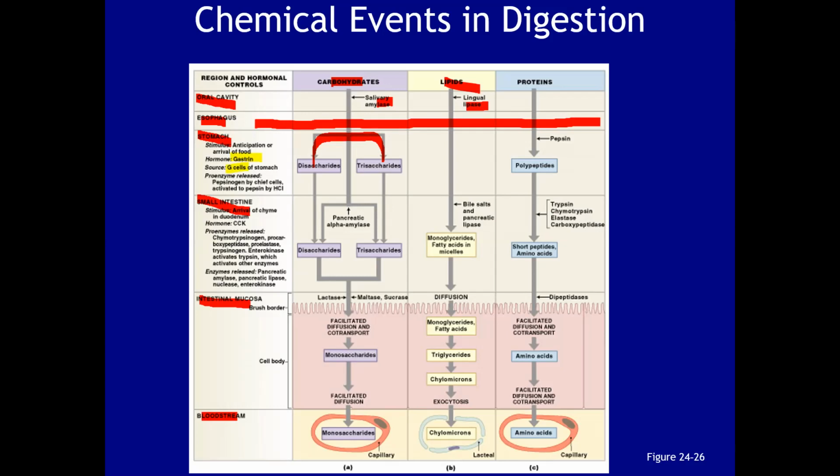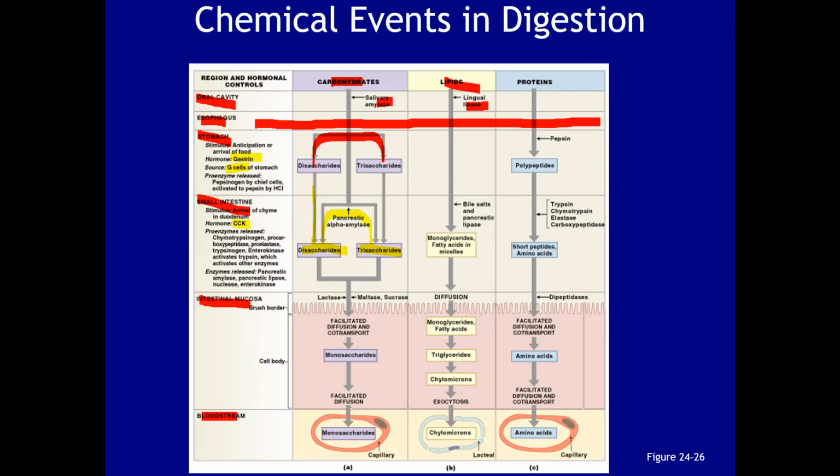Also notice that, and this is in the stomach, when we get to the small intestine, these disaccharides and these trisaccharides are going to continue to be broken down because we get pancreatic alpha amylase, right? And that is triggered by the hormone CCK.